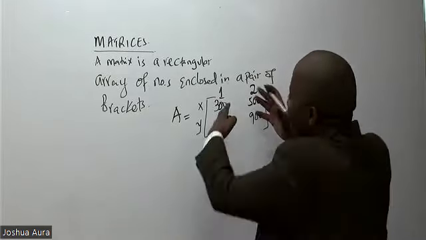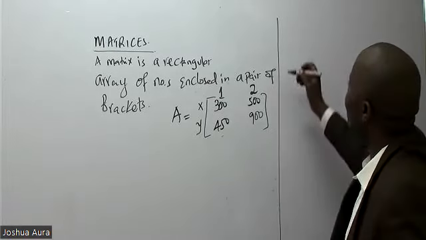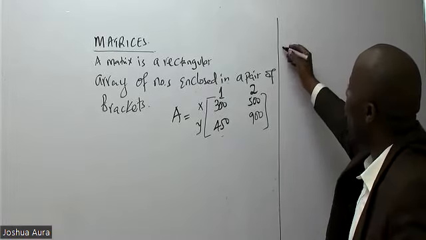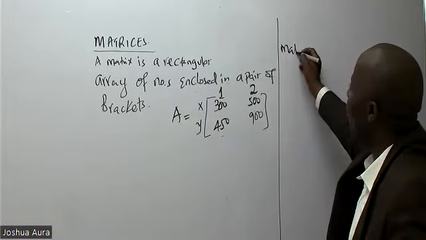Ladies and gentlemen, what are we required to understand about matrices by our examiner? Simple things. Number 1, the examiner expects you to know what we call matrix algebra. Under matrix algebra, your examiner expects you to know addition, how to add matrices. Number 2, subtraction.